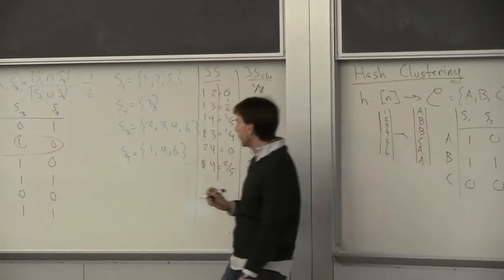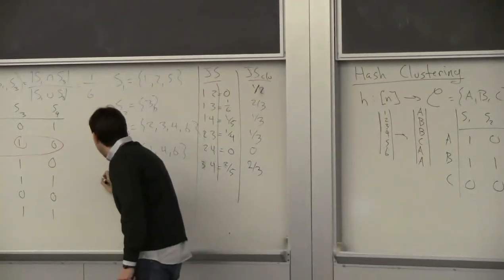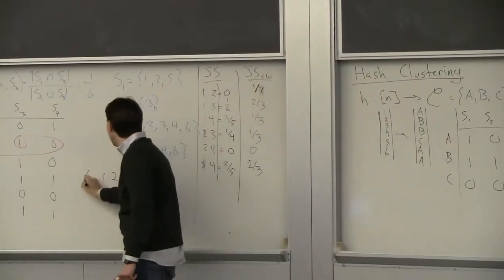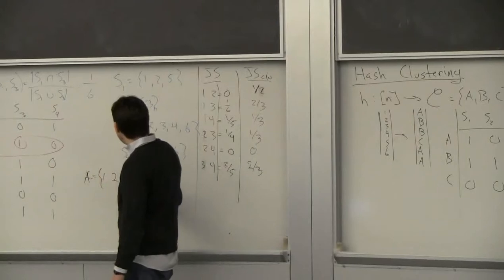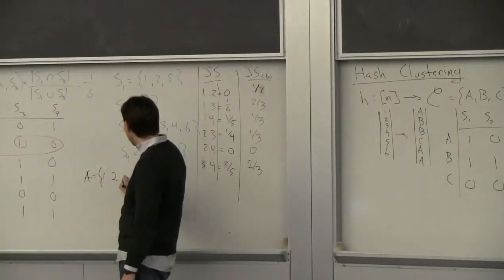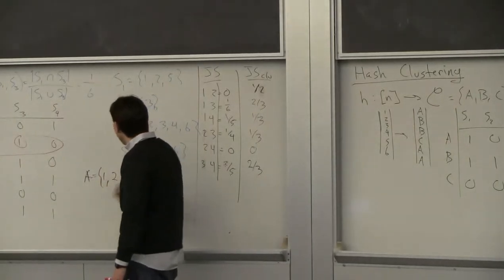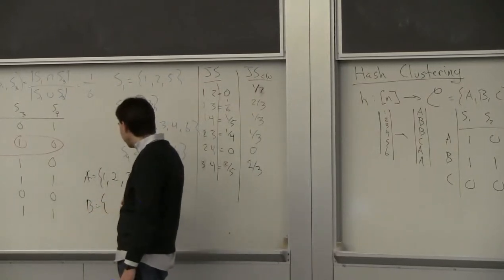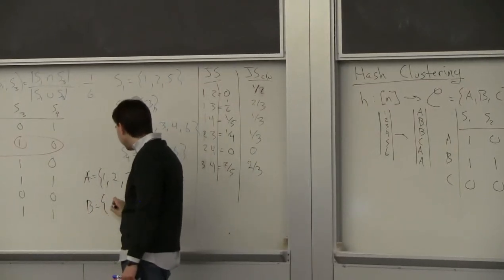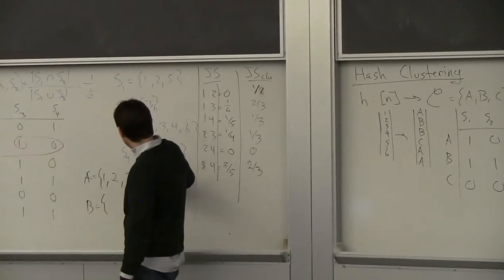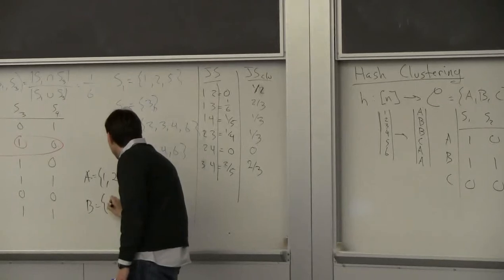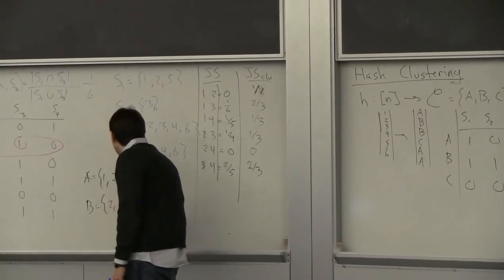So you have 1, 2, so set A would be 1, 2, 3, and B would be, from, this would be 2.